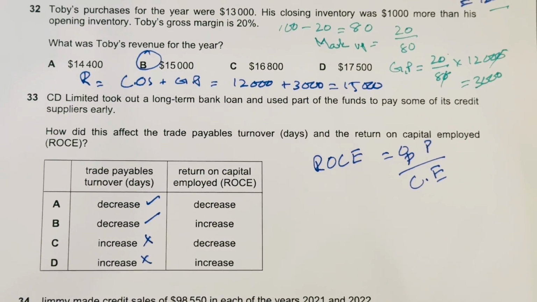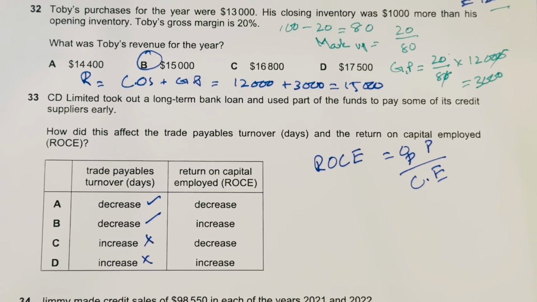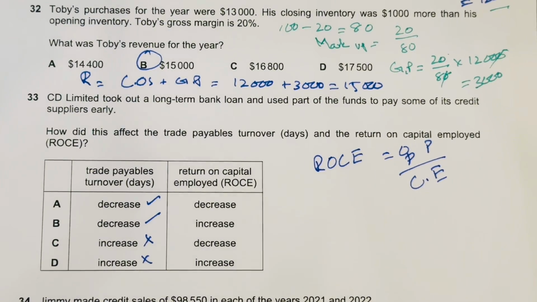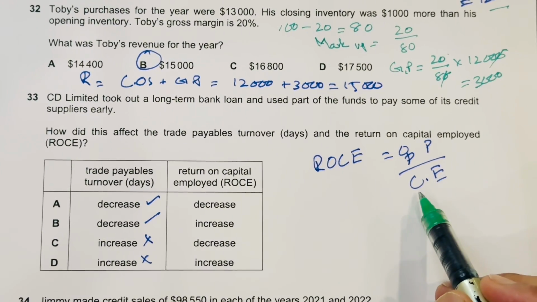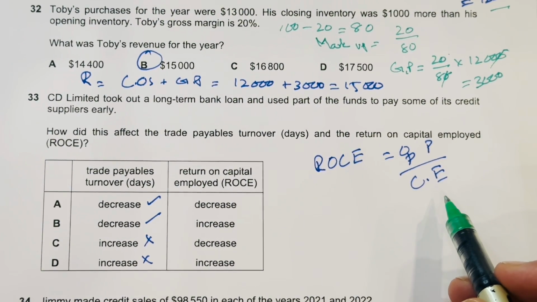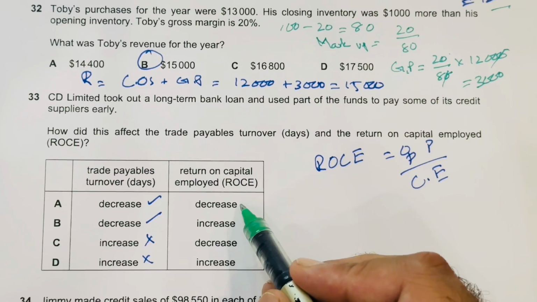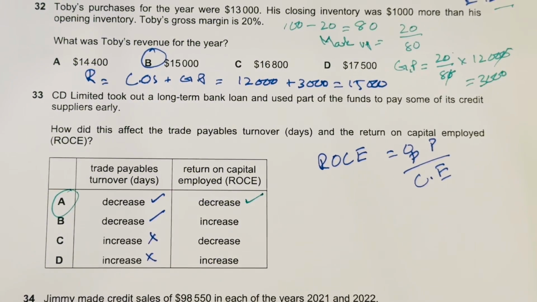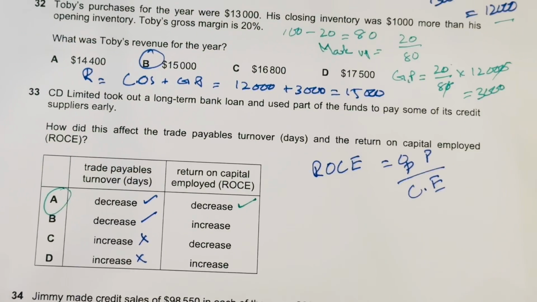Now we will check the impact on the ROCE. We know that return on capital employed would decrease because for getting the loan, our capital employed value, the denominator, will increase, so that's why ROCE will decrease. So option number A is the right choice for MCQ number 33.